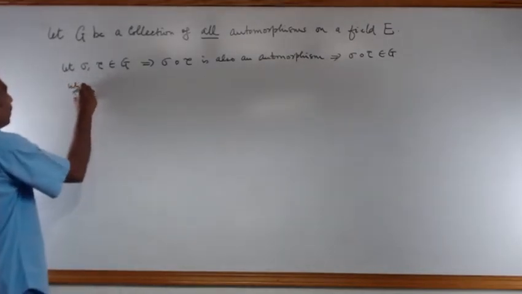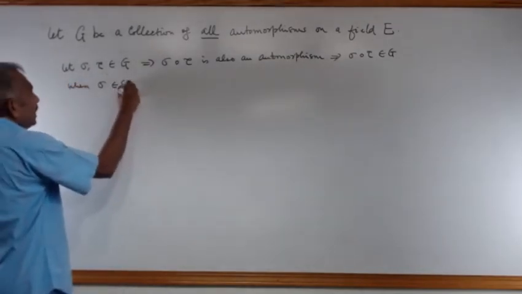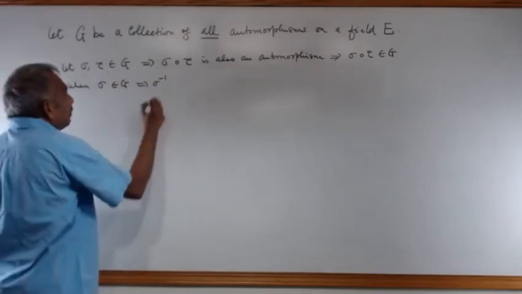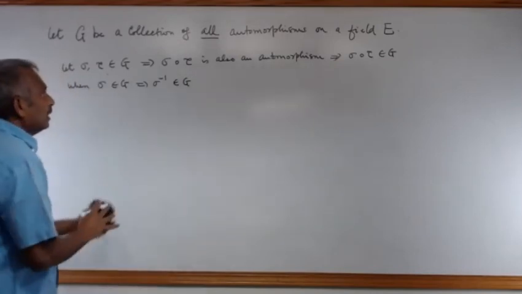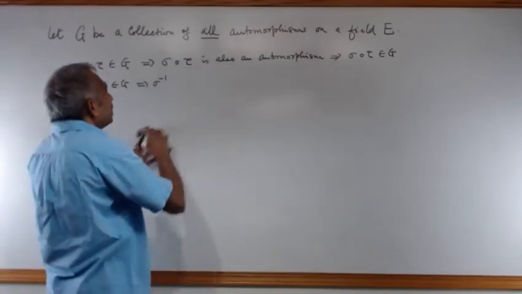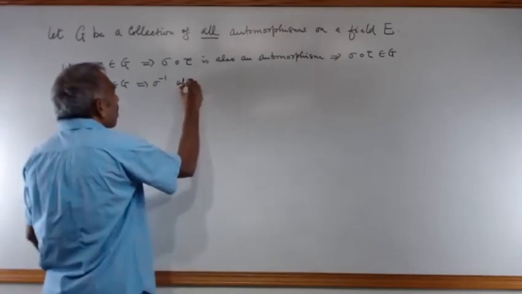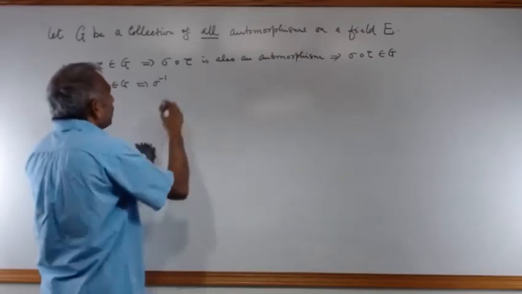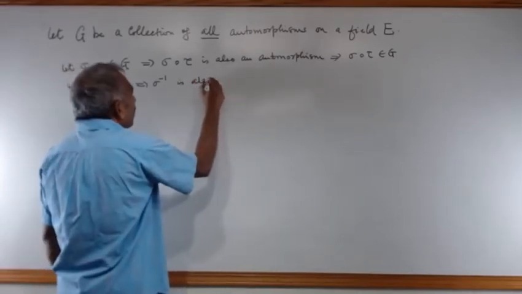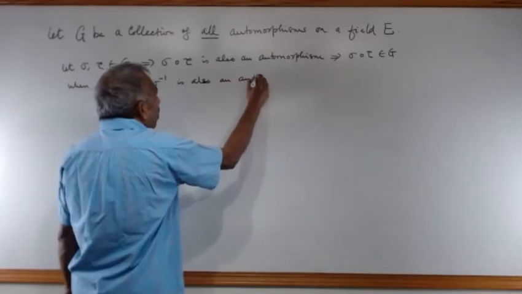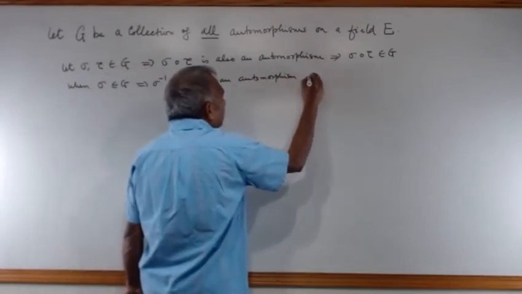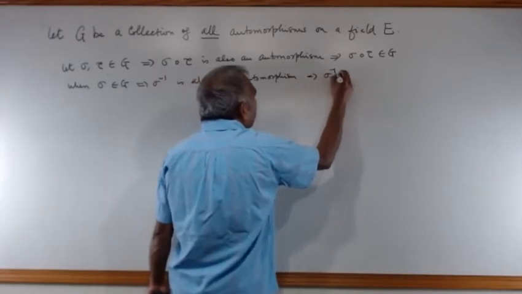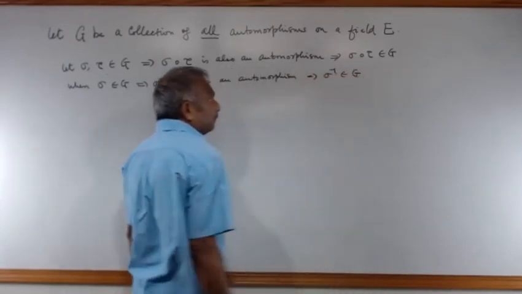Then when sigma belongs to G, sigma inverse is also an automorphism. Implies sigma inverse belongs to G.